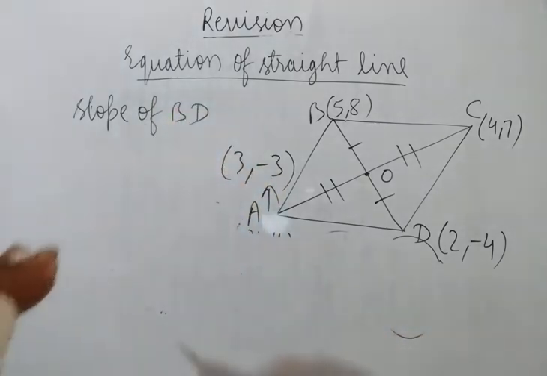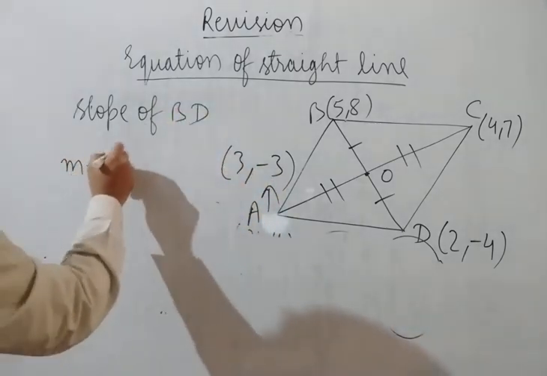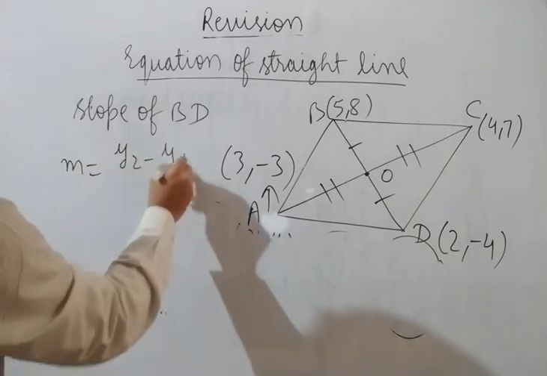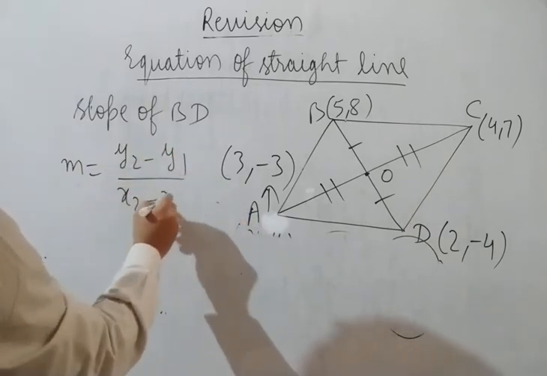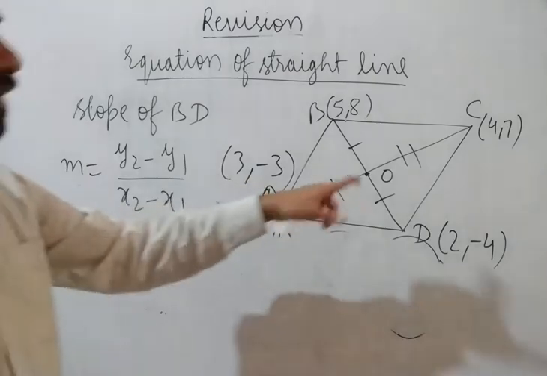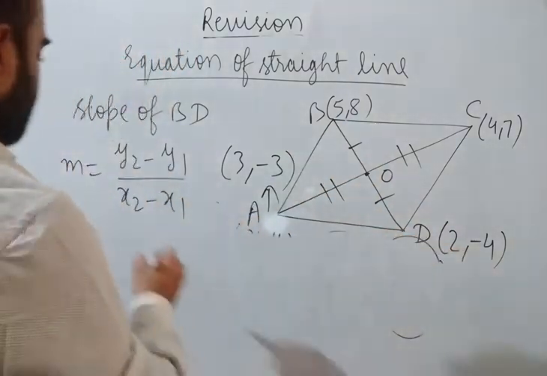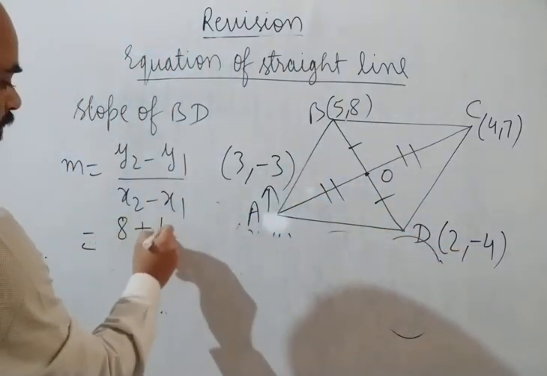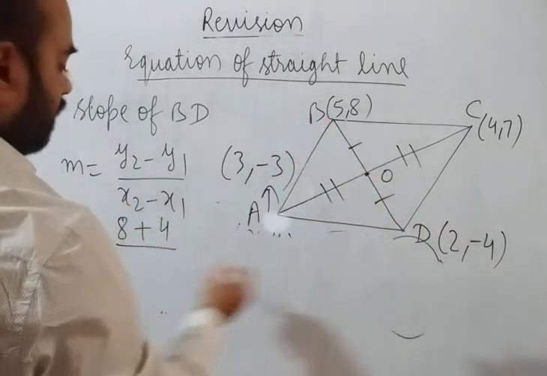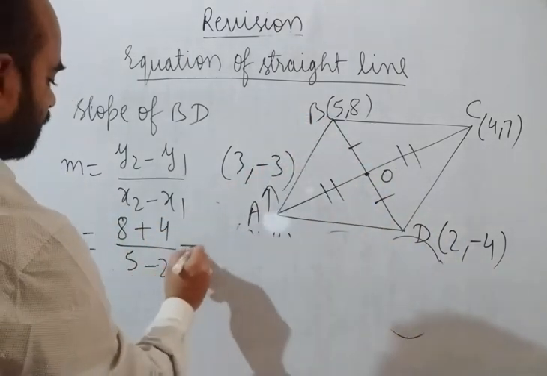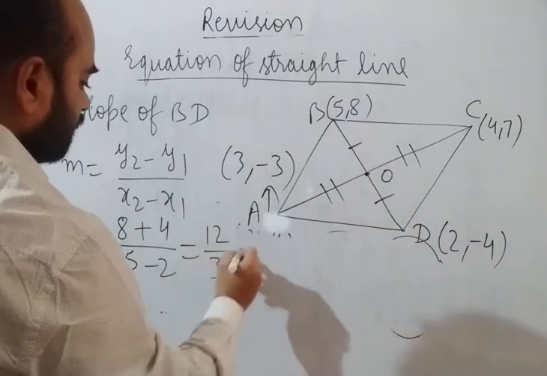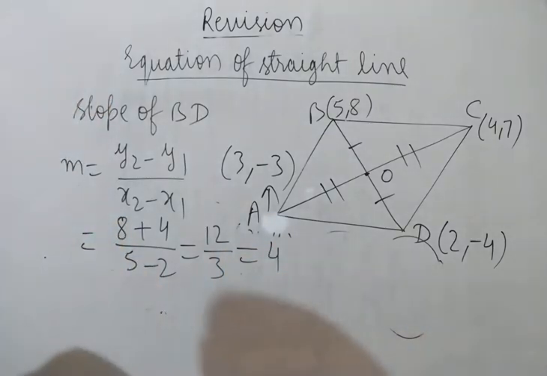Slope of BD will be y2 minus y1 upon x2 minus x1. Correct? So take any points. 8 minus -4, that is 8 plus 4, upon 5 minus 2. It means 12 upon 3. This will give slope 4.